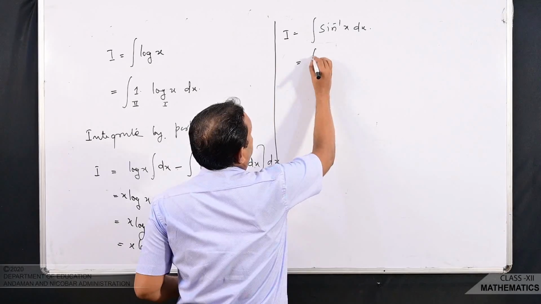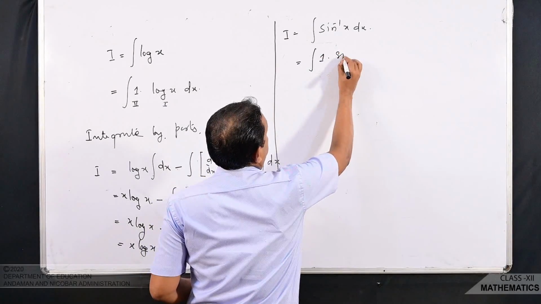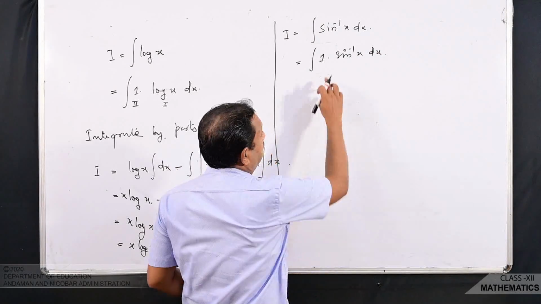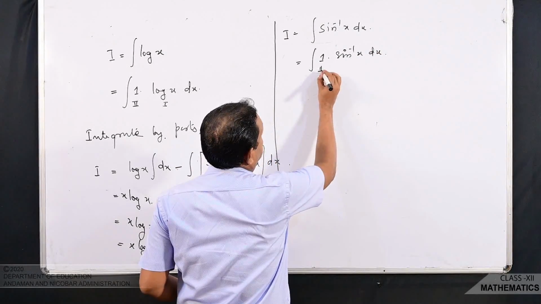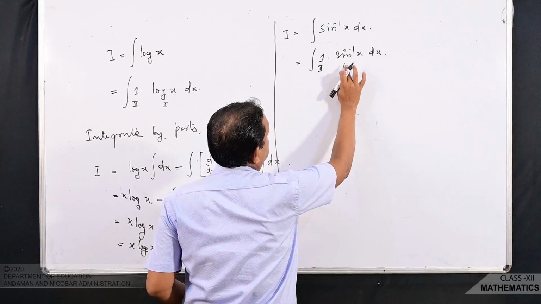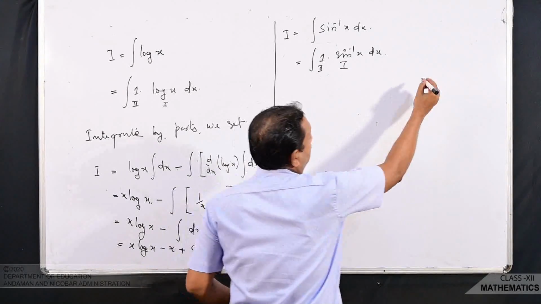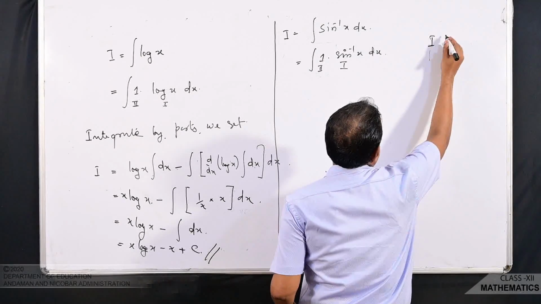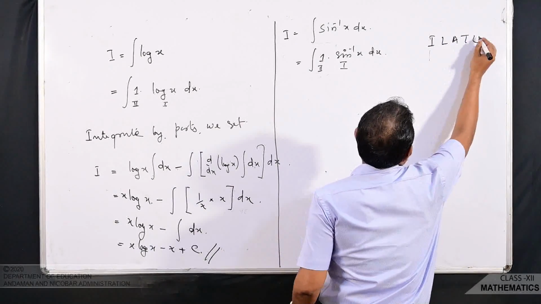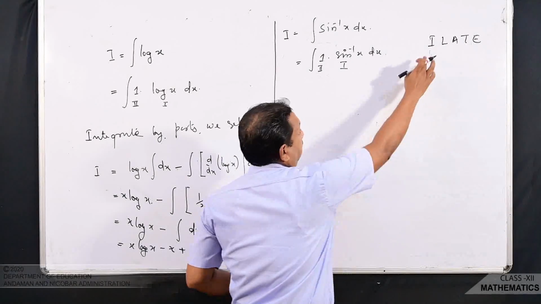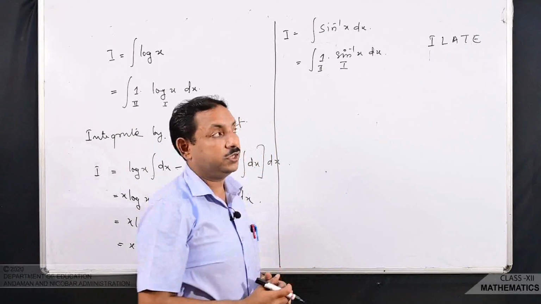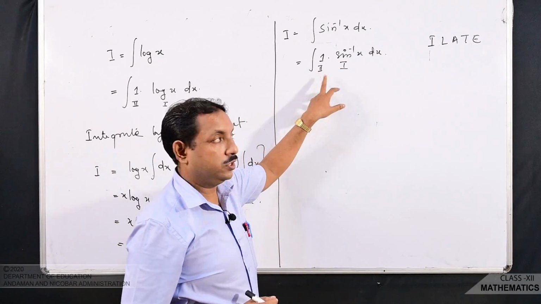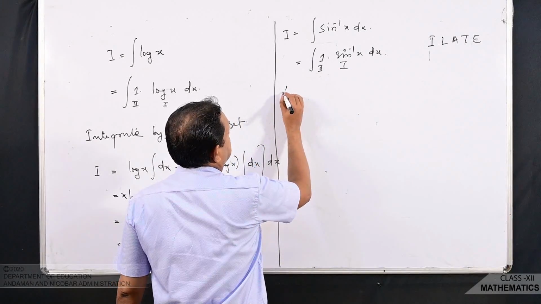So you have taken 1 as the second function and sine inverse of x as the first function. According to ILATE, I means inverse is in the first position, so this is the first function and this is the second function. So apply integration by parts.